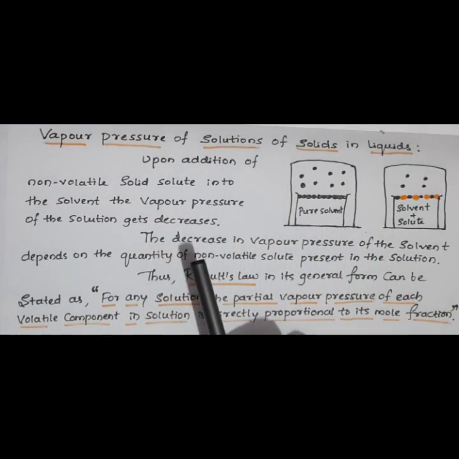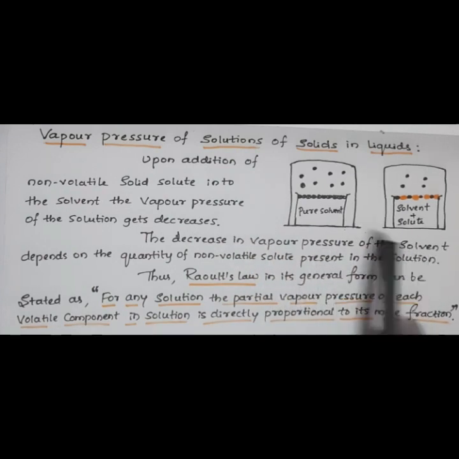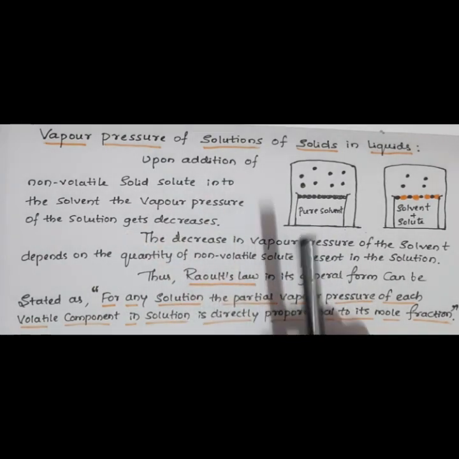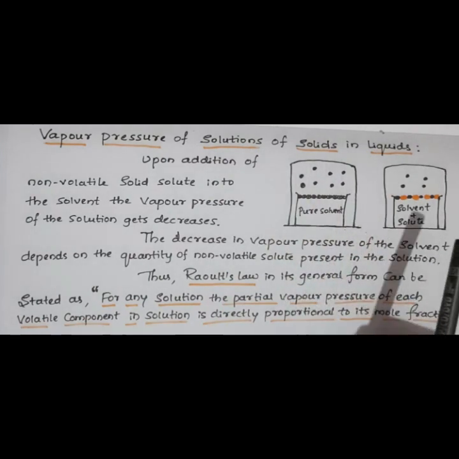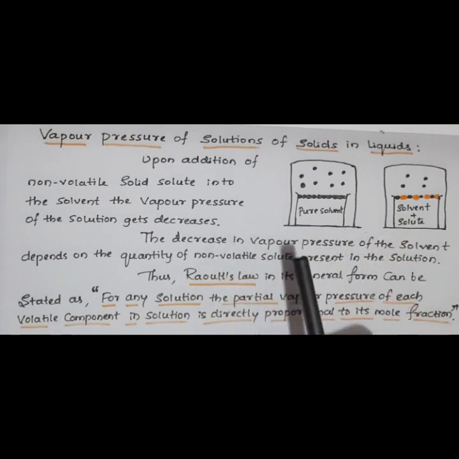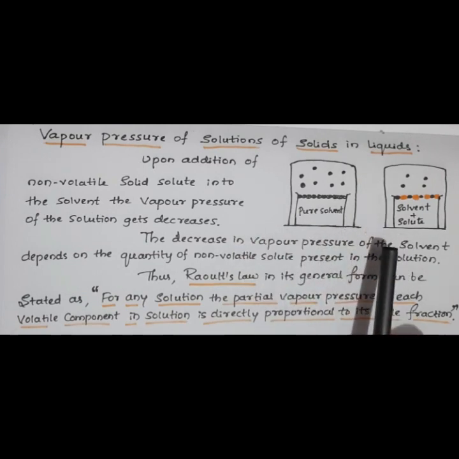The decrease in vapor pressure of the solvent depends upon the quantity of non-volatile solute present in the solution. If more non-volatile solute is added, then the vapor pressure will also decrease more. So the more non-volatile solute, the greater the decrease in vapor pressure that will be observed.